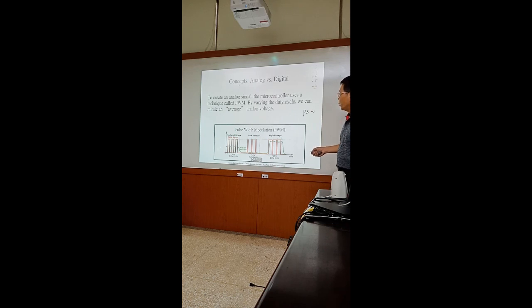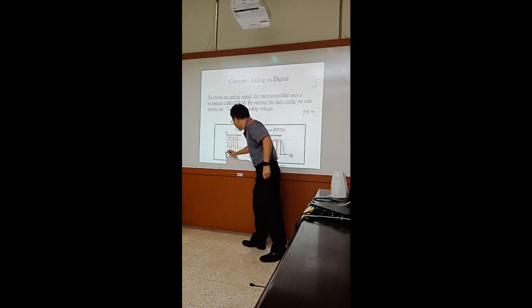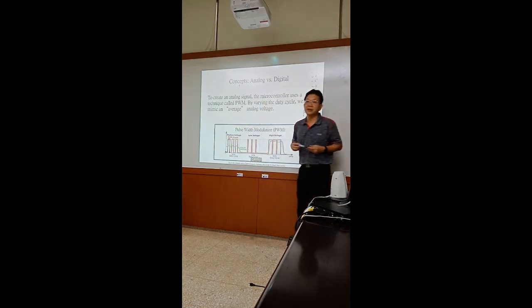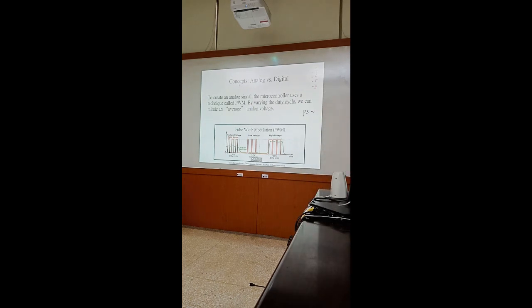If here is 1, here may be 0.5. 0.5 means that on a cycle, from this node to this node, we say that is a cycle. Because the voltage is on the high part, you can set the pulse width to 50%.